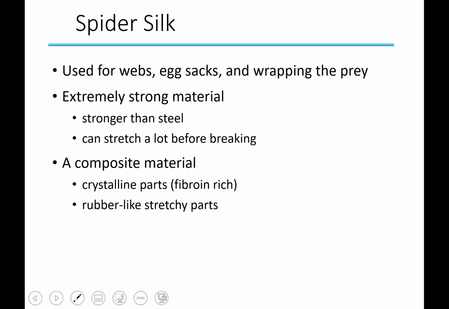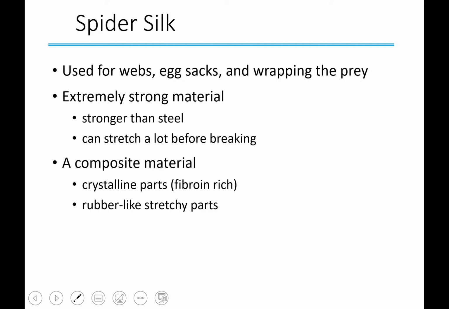All right, so this silk, in the case of a spider, spiders use their silk to make their webs, their egg sacs, and if they catch something in their web, like a bug, they wrap that bug up in the silk. It's an extremely strong material.